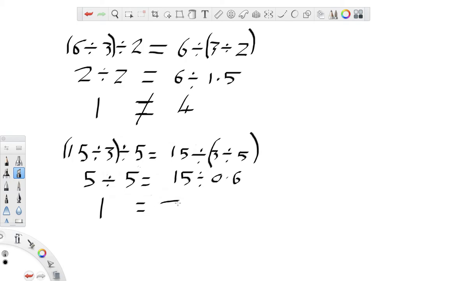So here we've got that 1 is equal to 25. We know obviously that isn't true. So therefore, they're not equal. If I just put that they're not equal for all of these. So therefore, division is not associative.